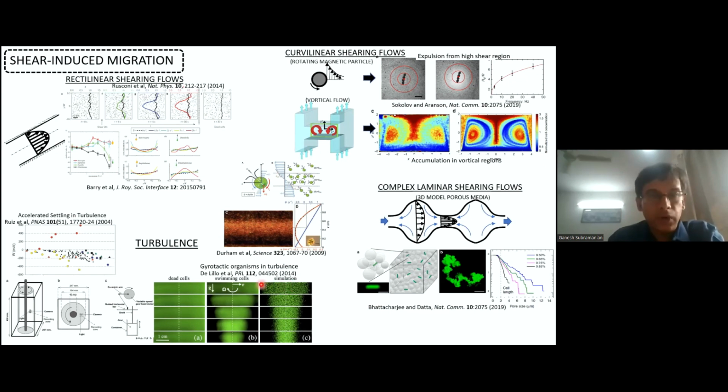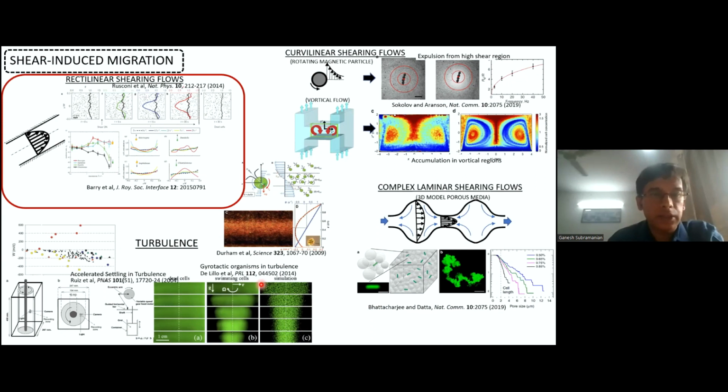But what I'm going to be focusing on are these experiments that have been done by Roman Stocker's group. And in fact, they had to do with the simplest of the shearing flows that are in the slide. It's just pressure-driven channel flow. Okay, and the complication here doesn't come from the flow. It actually comes from the shape of the swimmer. So you could say that of all these experiments, the swimmers were treated as having a spherical geometry at that time.